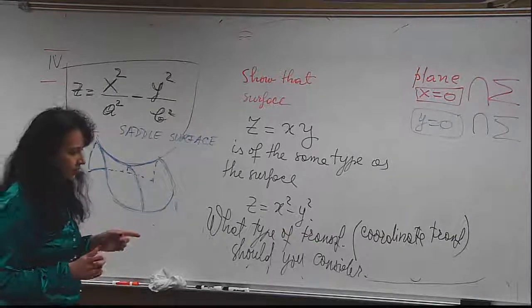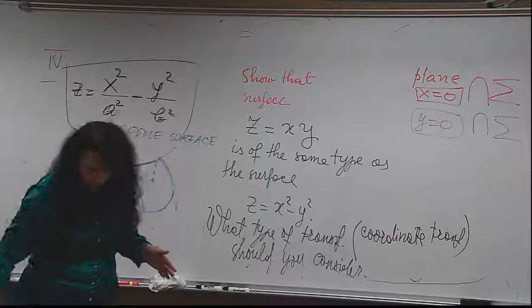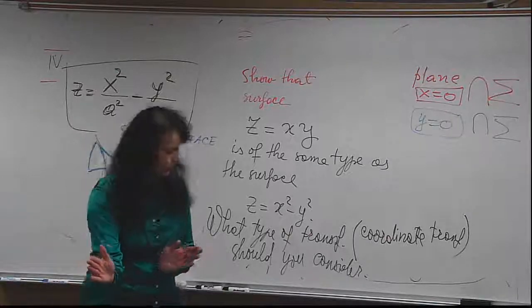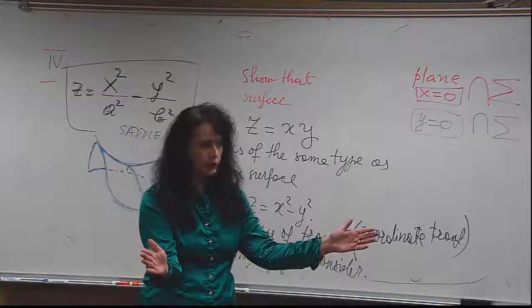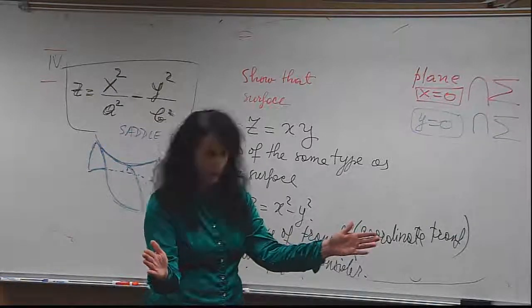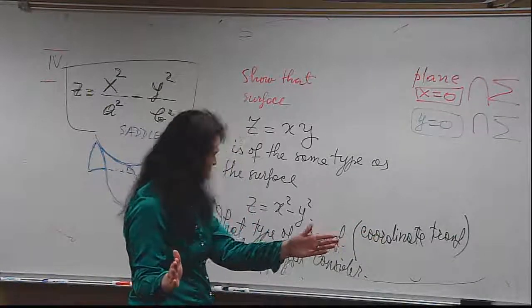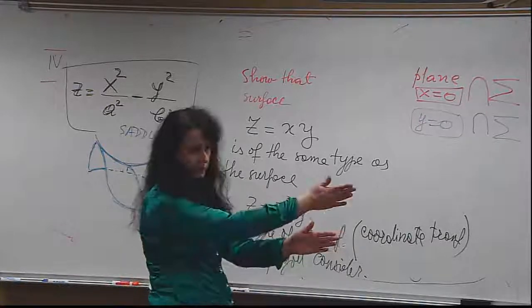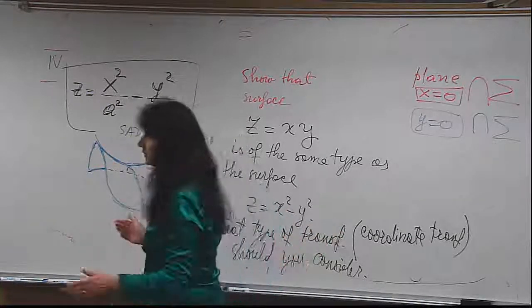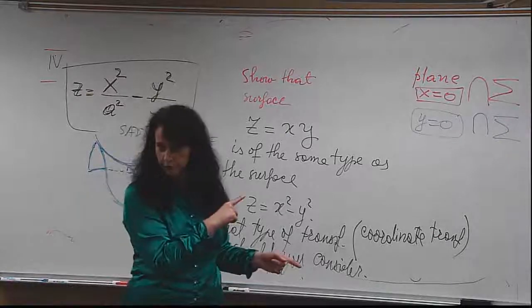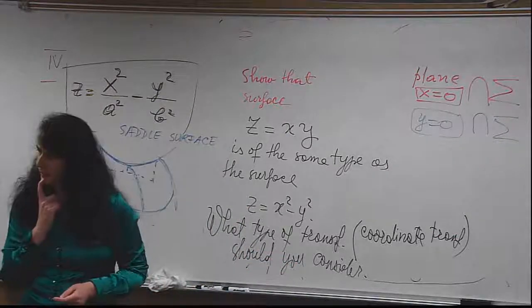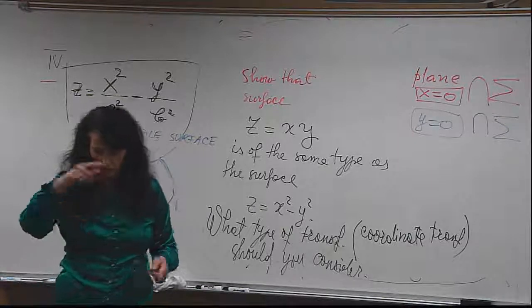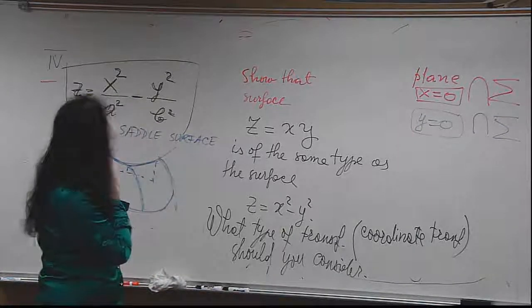Something like this is the x-axis going towards you, the y-axis going in this direction, the z-axis is going up. How is the horse standing? The horse standing either in this direction or in that direction for the previous one. Z equals x squared minus y squared. Am I right? I forgot how we drew it.